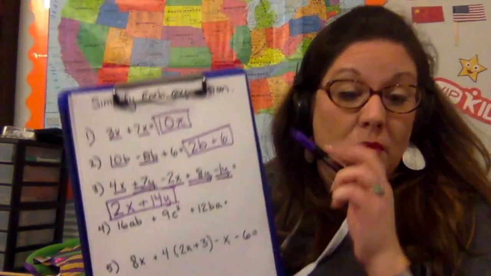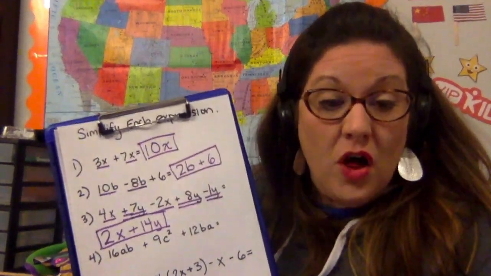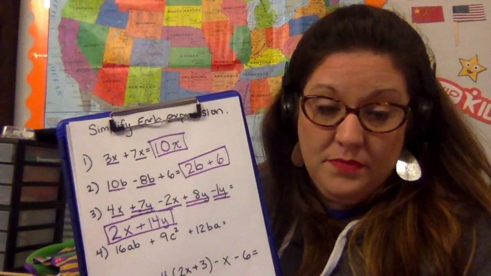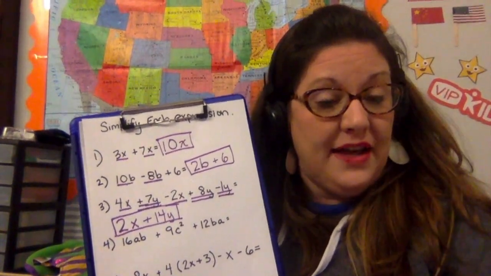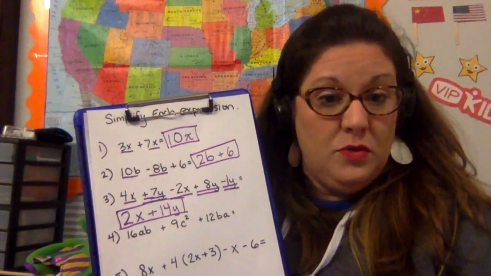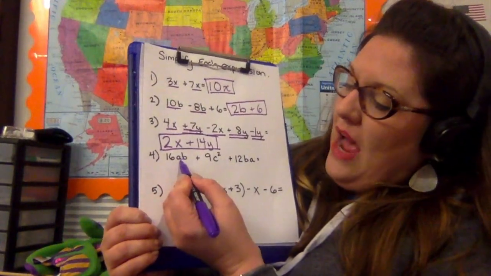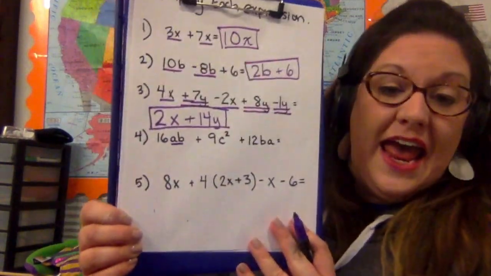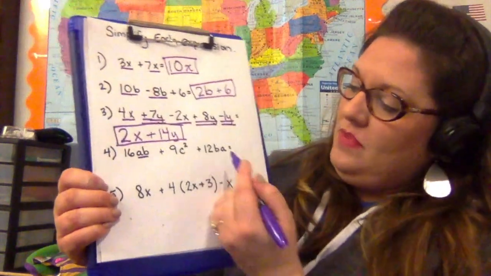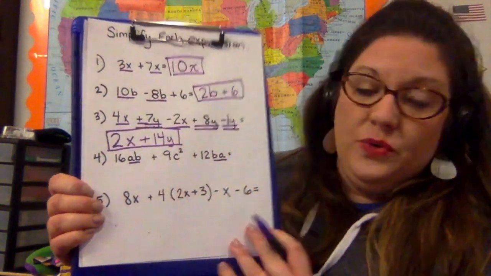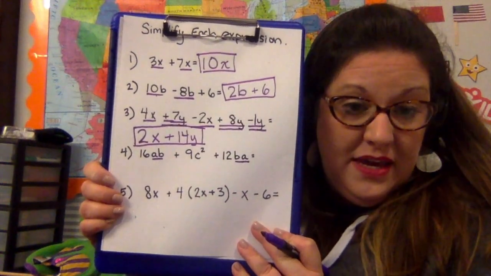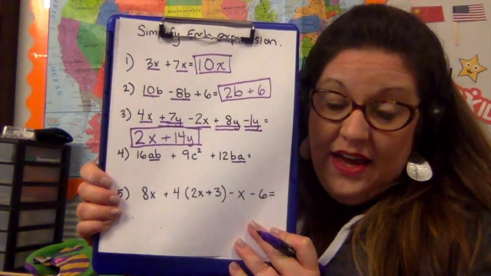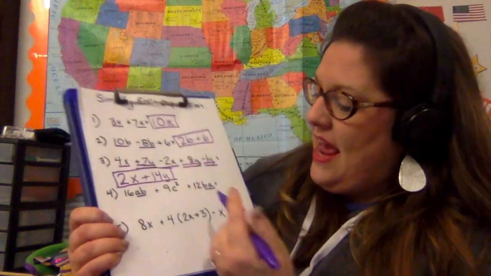We know that multiplication follows the commutative property. The commutative property says it does not matter the order in which you multiply two factors. The product will be the same. So I need you to understand that ab is equal to ba. A times b is the same thing as b times a.